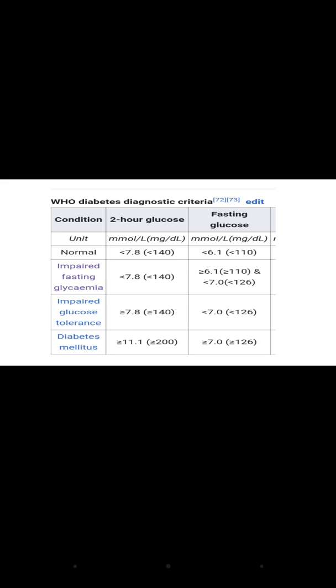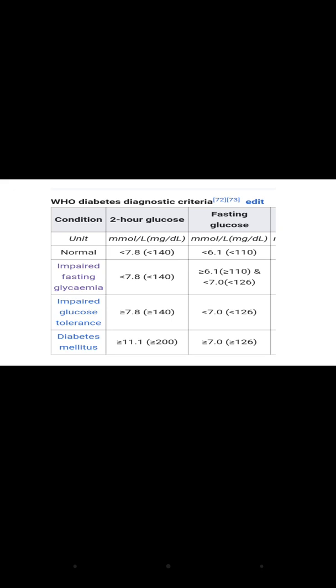If the fasting blood glucose level is more than or equal to 6.1 millimole per liter, or more than or equal to 110 milligram per deciliter, and less than 7 or less than 126 milligram per deciliter, it is called impaired fasting glucose.